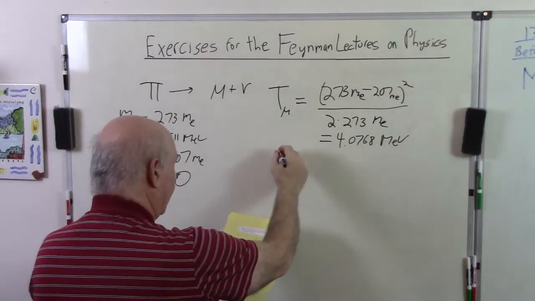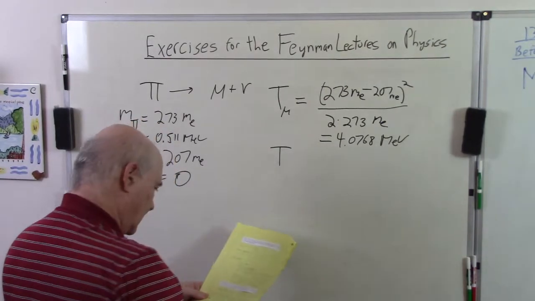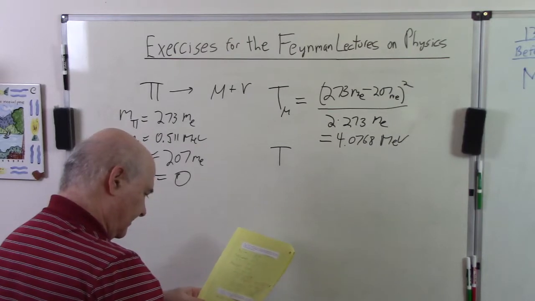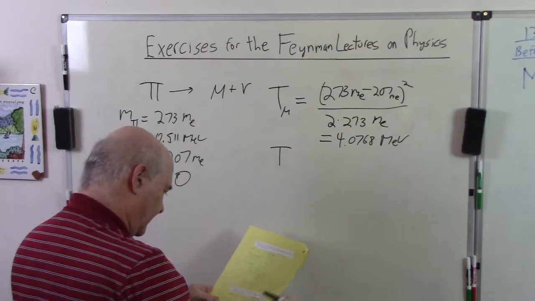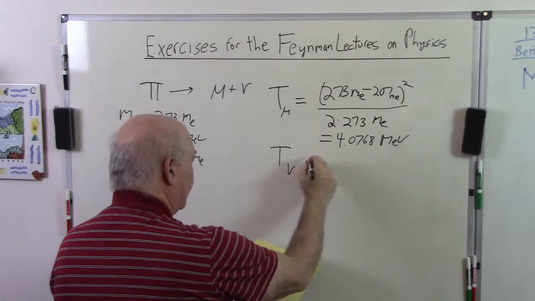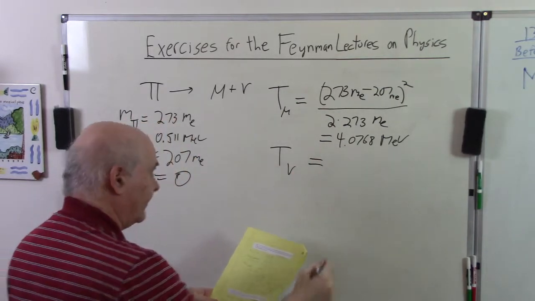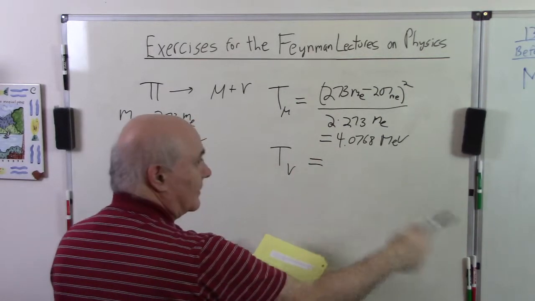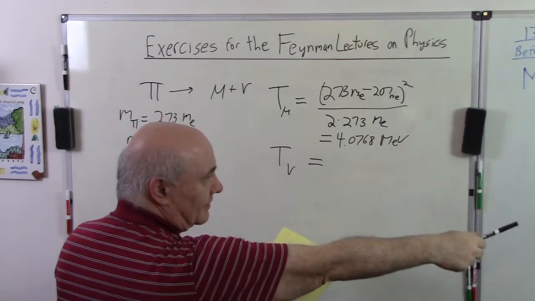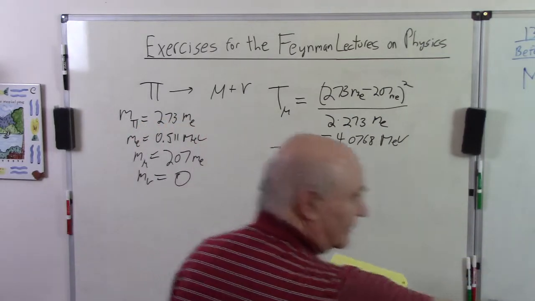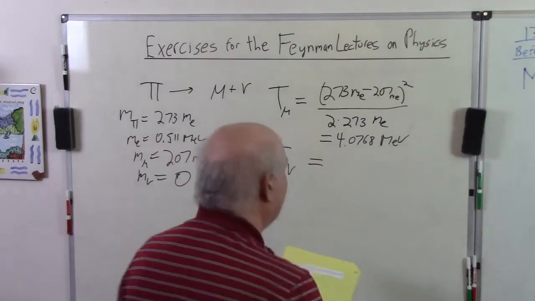And then we can do the kinetic energy of the neutrino, and this is going to be the same thing basically. Notice that in that formula over there, the rest mass of the neutrino was 0, so that's why we didn't have a term here.